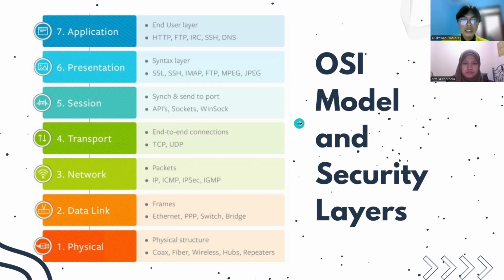Finally, the application layer interfaces with users through applications like web browsers, email clients, and file transfer services, utilizing protocols such as HTTP, FTP, SSH, and IRC to facilitate communication and data exchange.